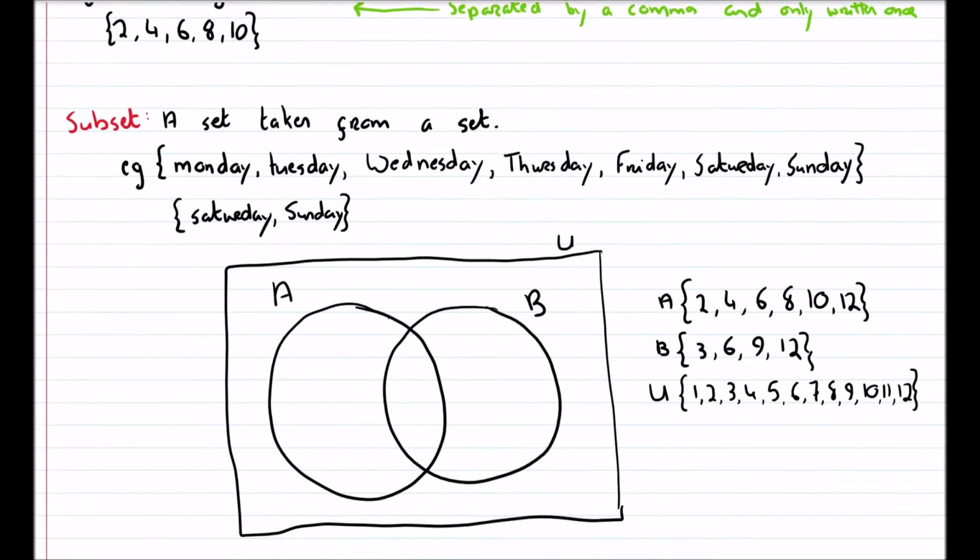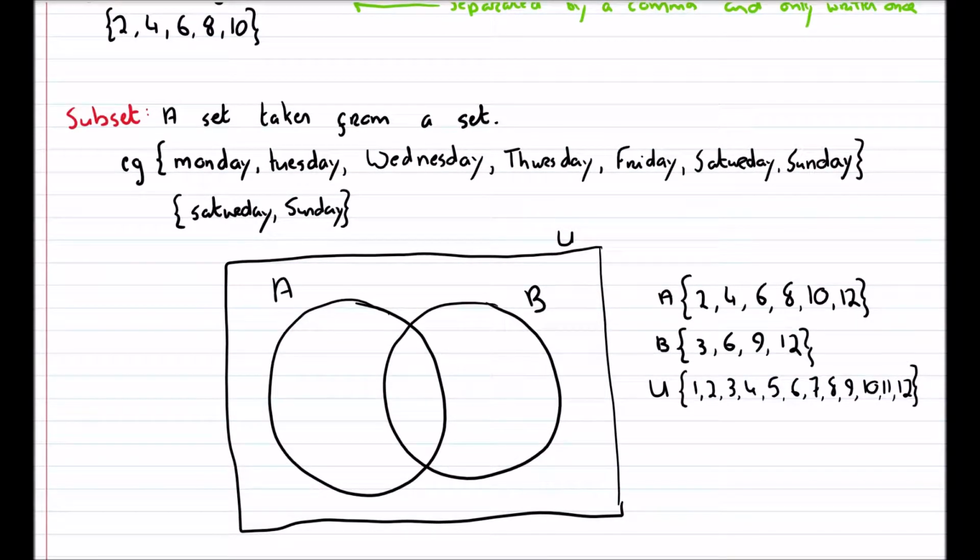Okay, if we look then, we have subset. A subset is a set taken from a set. So for example, Monday, Tuesday, Wednesday, Thursday, Friday, Saturday, Sunday. That set is the days of the week. But if I look here, we have Saturday and Sunday. Now this is a subset of this because all of the elements in this subset are also in this.